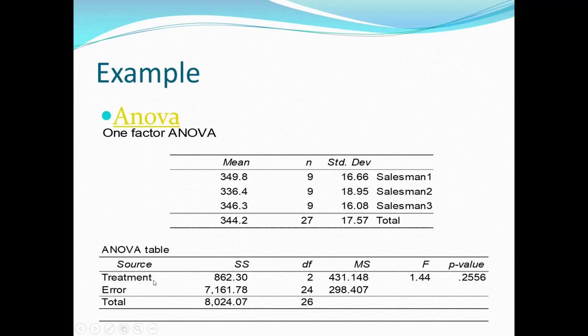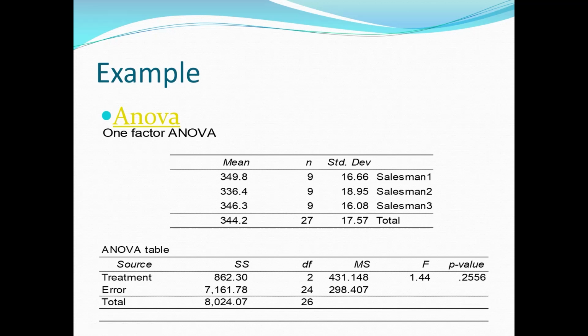ANOVA table is here. We have the values here. What we want to know is, in the sample, is there difference between salesman 1, salesman 2 and salesman 3. There is difference in the sample for 9 months. We have taken the salesman sales for 9 months. If you take the salesman sales for all the months where he was working, that is population.